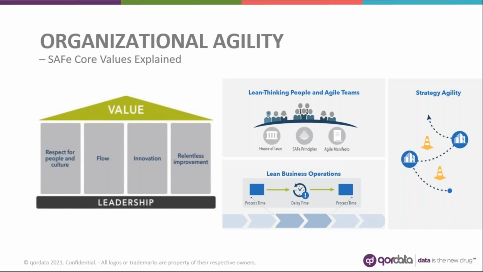So what is organizational agility? As I mentioned before, this is one of the core values of SAFe, from the overall 7 core values. So basically, organizational agility provides a tool that helps portfolios to achieve strategy agility and change directions when needed.